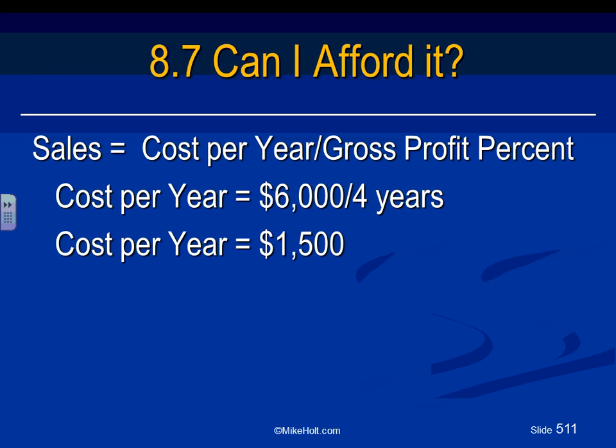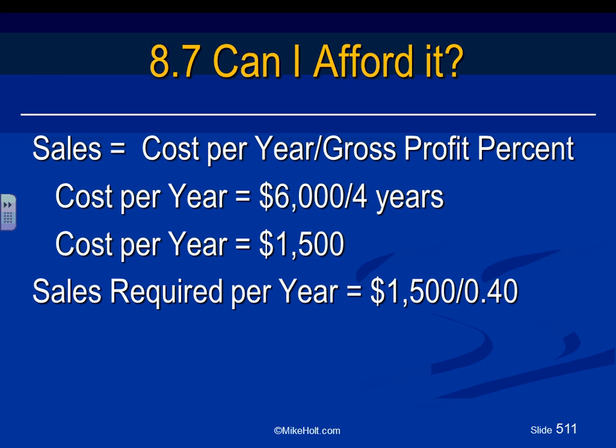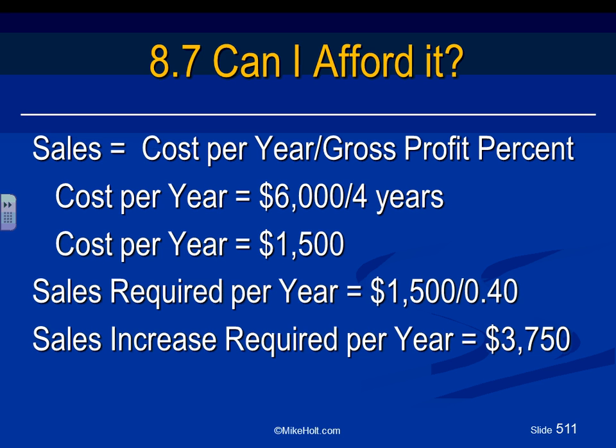Then you take the $1,500 divided by the profit that you anticipate the software to get you, which is 40%. That will get you $3,750. So your company needs to come up with an increase in sales of $3,750 a year in order to justify buying a $6,000 software.